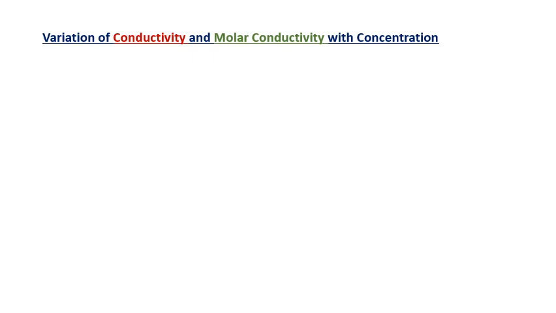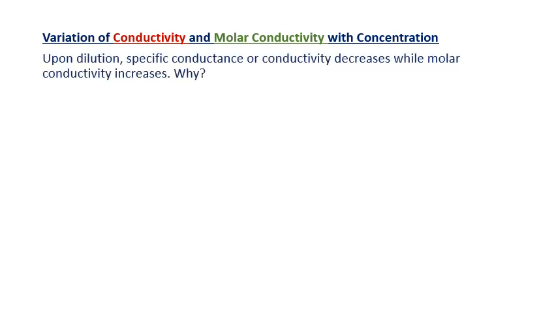Variation of conductivity and molar conductivity with concentration. Look here, only conductivity is mentioned, simply the word conductivity, and this one is molar conductivity. Upon dilution, specific conductance or conductivity decreases while molar conductivity increases.